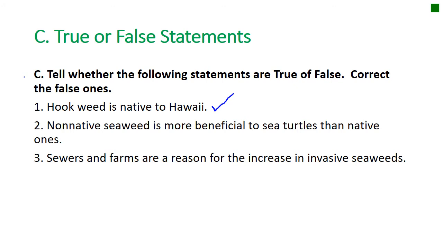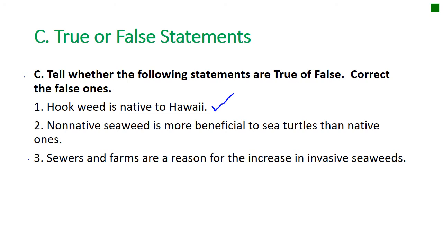Non-native seaweed is more beneficial to sea turtles than native seaweed ones. Of course not. As we read in the article, the native ones are the more beneficial because non-native ones trigger the production of tumors in them because of the high concentration of nitrogen. So false. Number 3, sewers and farms are a reason for the increase in invasive seaweeds.